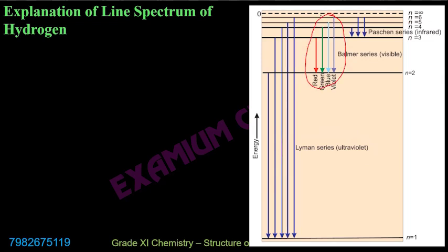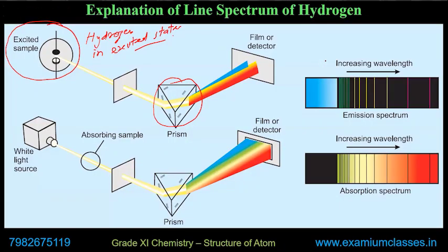But still here, if we use a prism and get these energies separated, the light separated through the prism, we only see specific bars, not the continuous spectrum. We don't see the continuous spectrum from violet, indigo, blue, green, yellow, orange, red. Rather, we see only a few bars.